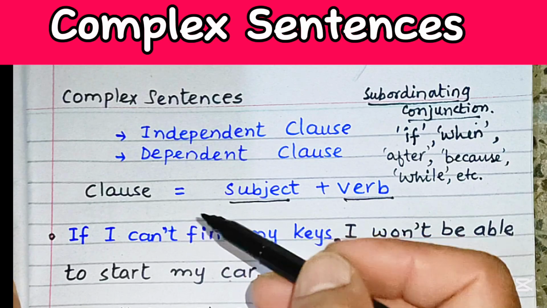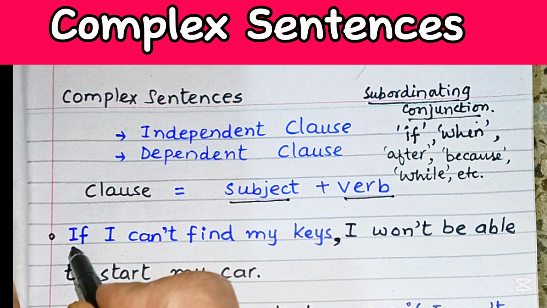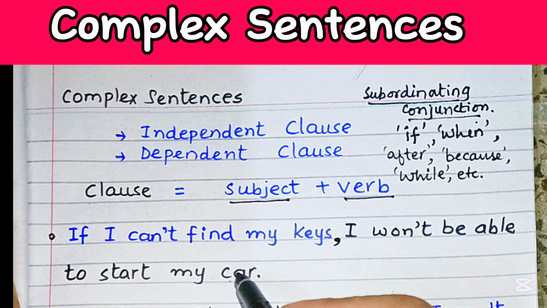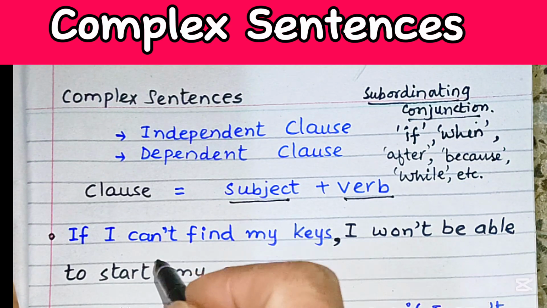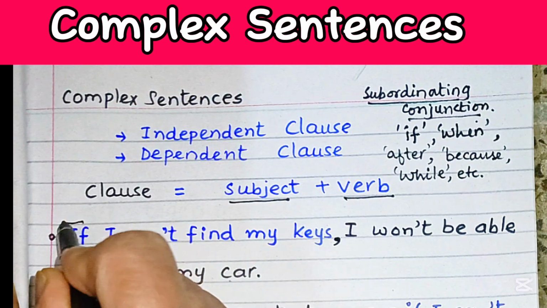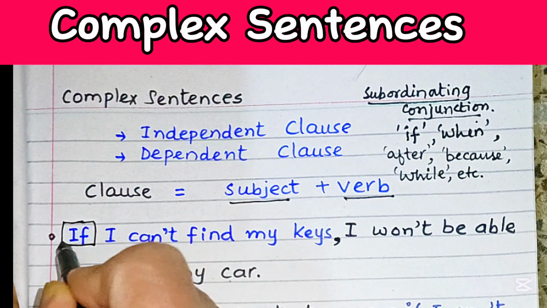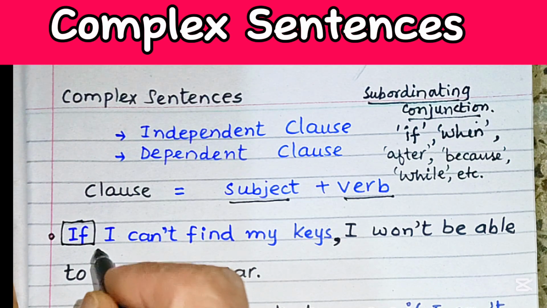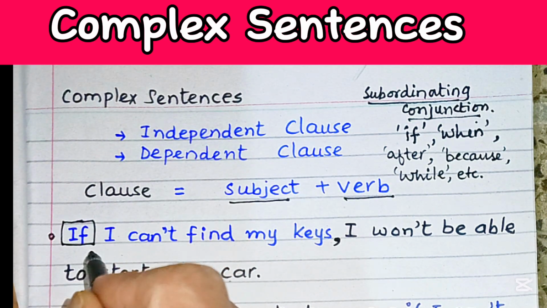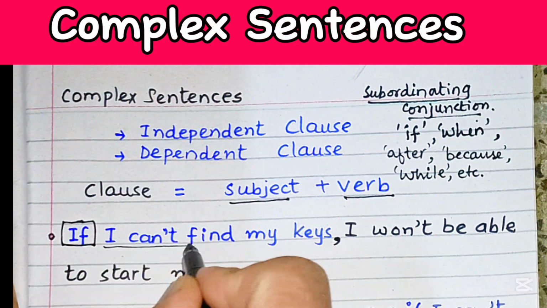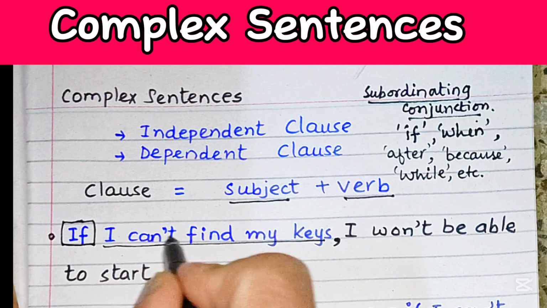In this example, if I can't find my keys, I won't be able to start my car, we begin with the word if. This if is actually a subordinating conjunction, and it is making a connection with this clause.